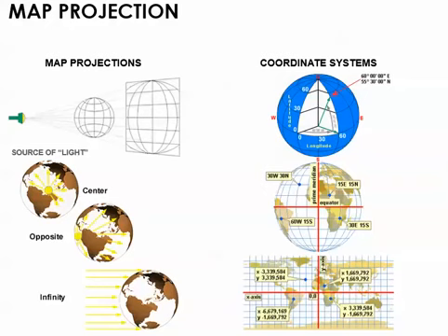There's a science behind that, and that is something that digital cartographers have to go to school for many years to understand. So we're not going to really get too much into that, but do understand a little bit about map projections.